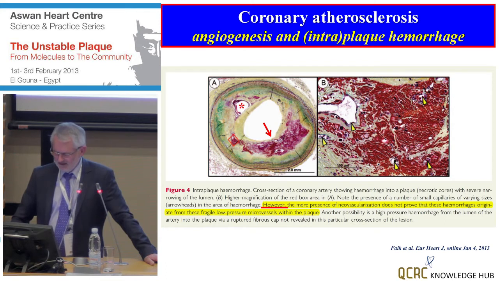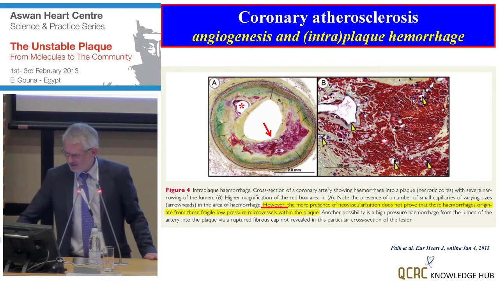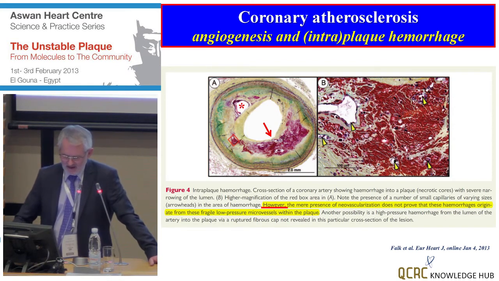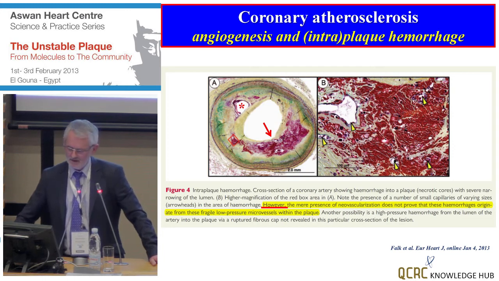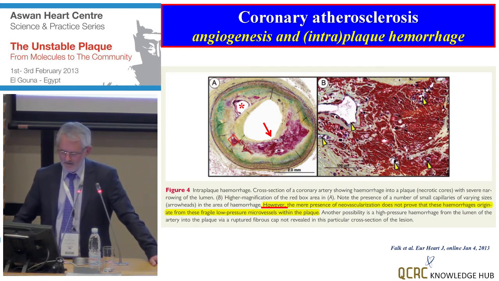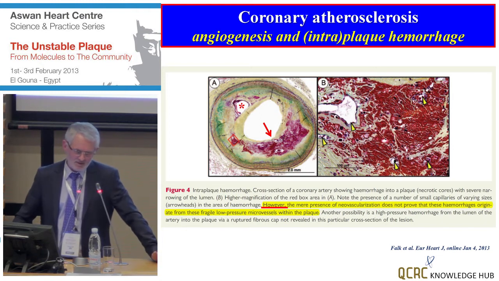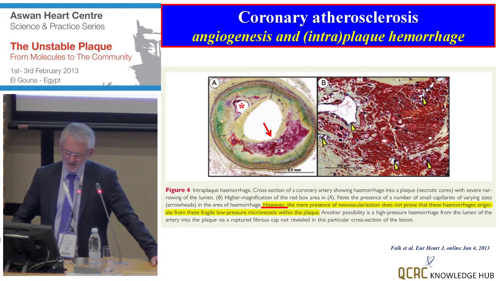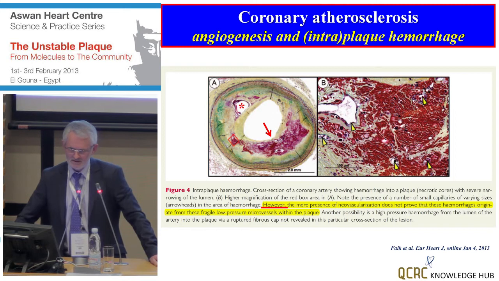Another possibility is a high-pressure hemorrhage from the lumen of the artery into the plaque via a ruptured fibrous cap not revealed in this particular cross-section. For example, up here the fibrous cap is extremely thin, and it might have ruptured, and you have a high pressure in the lumen, but the rupture site is not revealed in this particular cross-section.